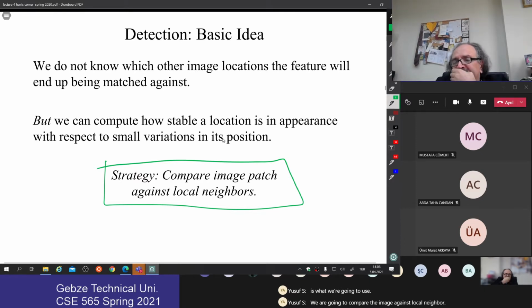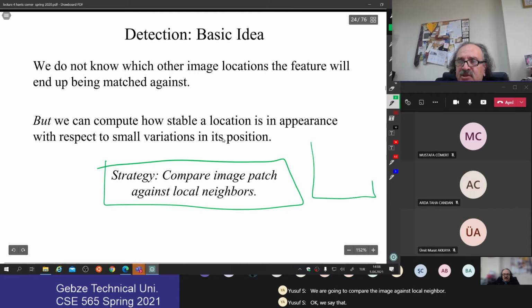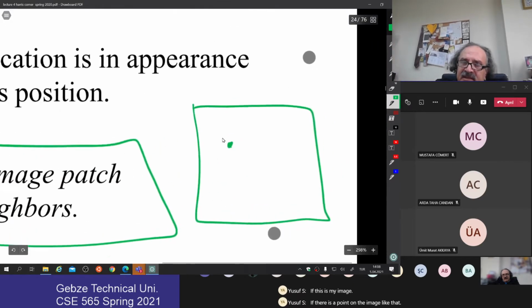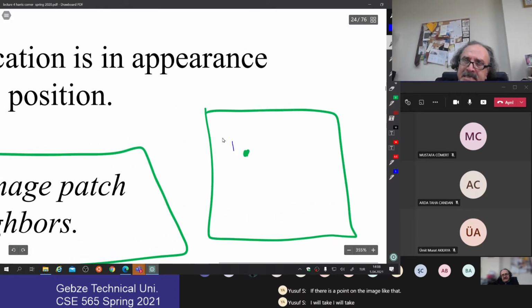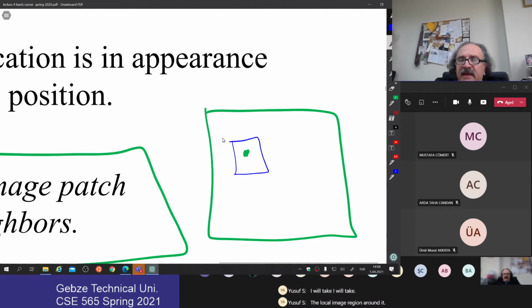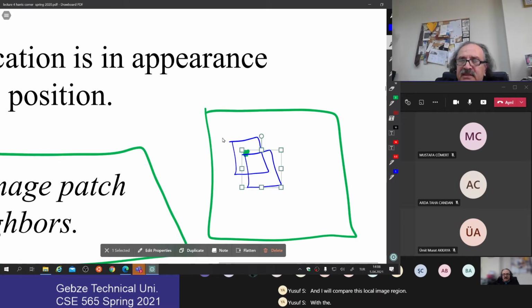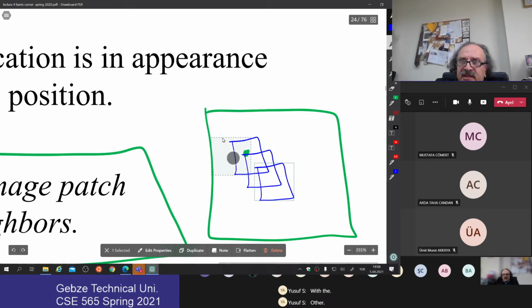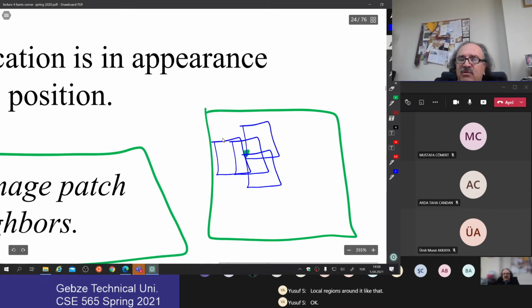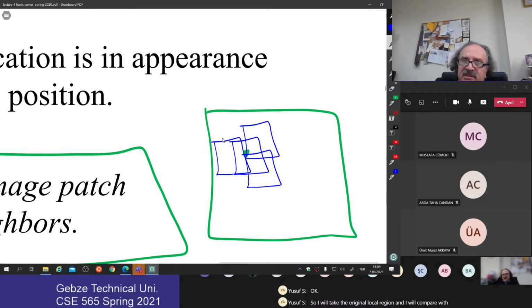If this is my image, and there is a point on the image like that, I will take the local image region around it, and I will compare this local image region with the other local regions around it. I will take the original local region and compare it with all the local regions around it.